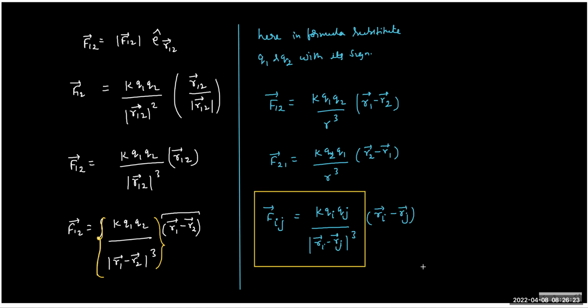So you can write for any two particles in this format. It's very easy to remember because you see there's a sequence I J, I J, I J everywhere. So let's solve one problem, then we'll see more applications of it today.